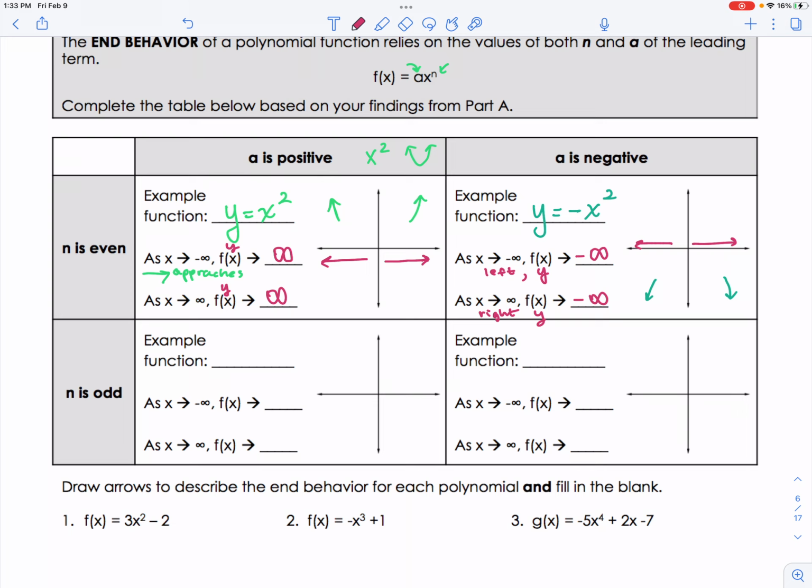And as we go to the right, as we approach positive infinity, the y values are going up towards positive infinity. So again, anytime your n is odd, we want to think of opposite directions. When our power is even, these are the same. We're going to be going in the same direction.